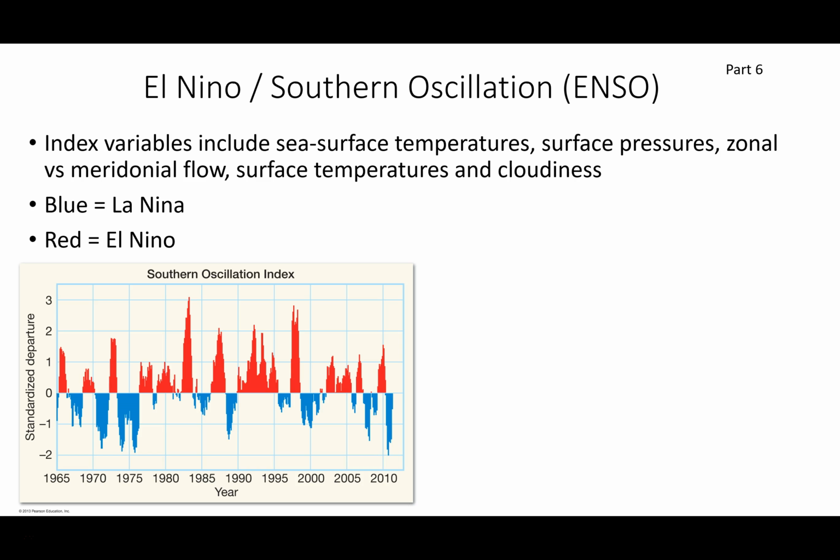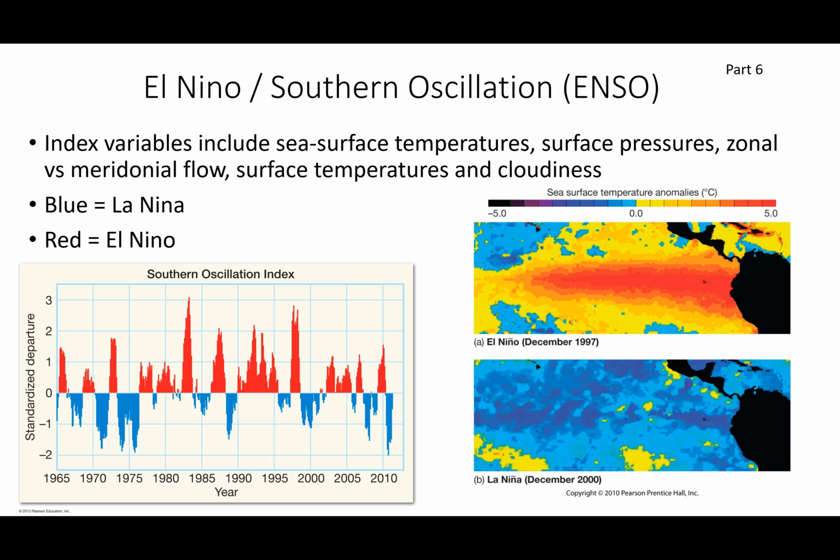So this is showing you the oscillation between the two. The way this works is the blue is the La Nina, the red is the El Nino. And one way we can track it is sea surface temperatures. So this is color coded. The redder it is, the hotter it is, the bluer it is, the colder it is. So you can see here, La Nina, we had intense trade winds, brought up that cool water.